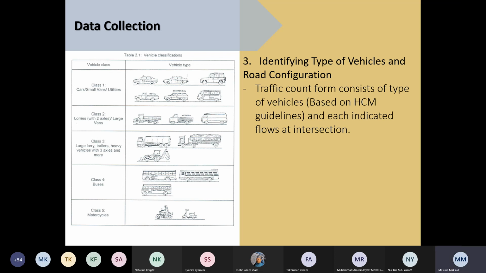Later I will show how we convert the raw data that we have collected to traffic volume according to each type of vehicle's passenger car unit. We need to convert the raw data because we can only use the traffic volume in passenger car units to run in our traffic software.